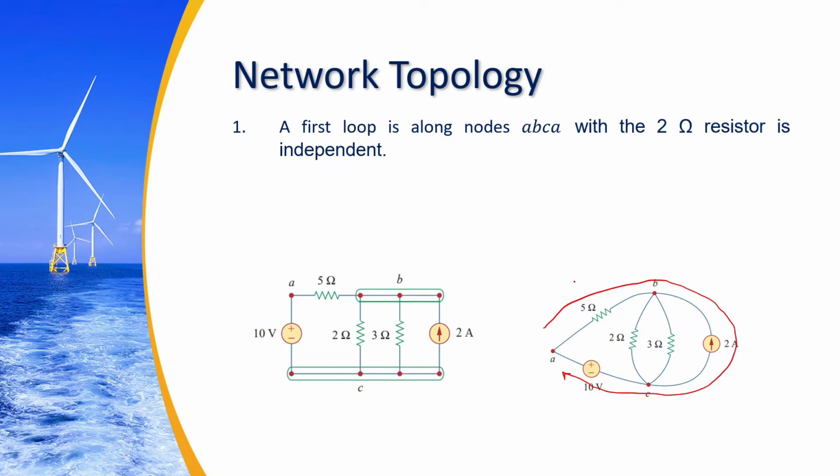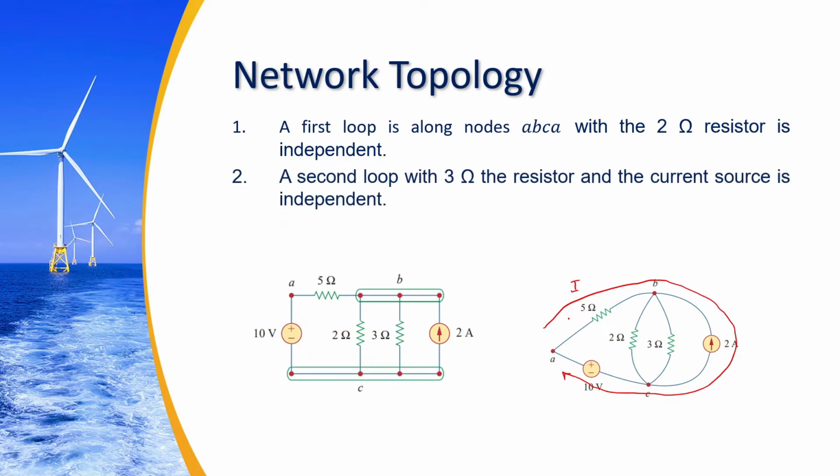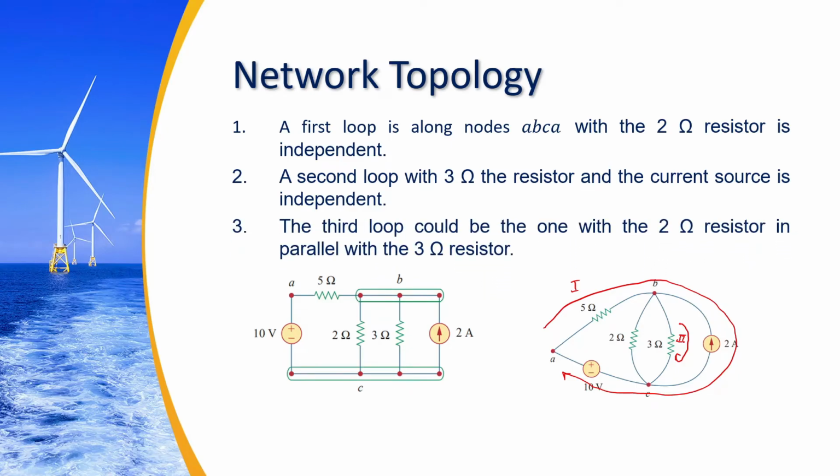Then, the second loop is the 3 ohm resistor and the current source, which is independent. It is here. This is the second loop. So, next, where is the last loop? The last loop is the 2 ohm resistor in parallel with the 3 ohm resistor. It is here. This is the loop.